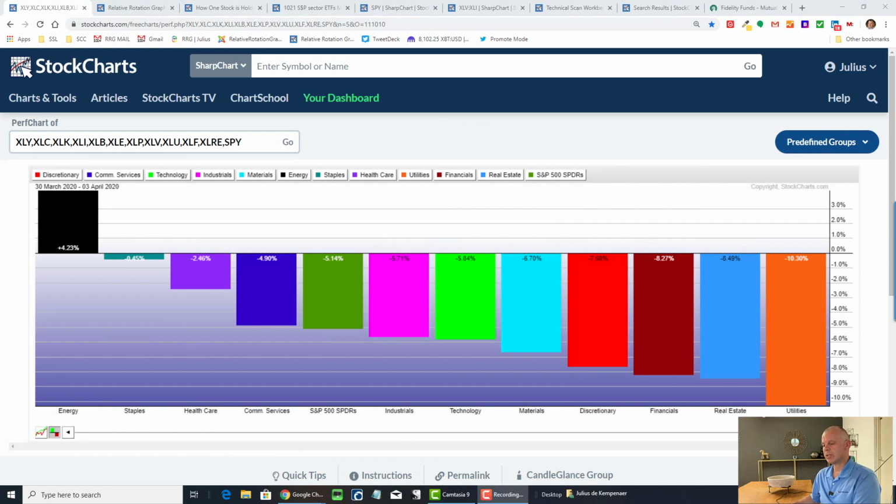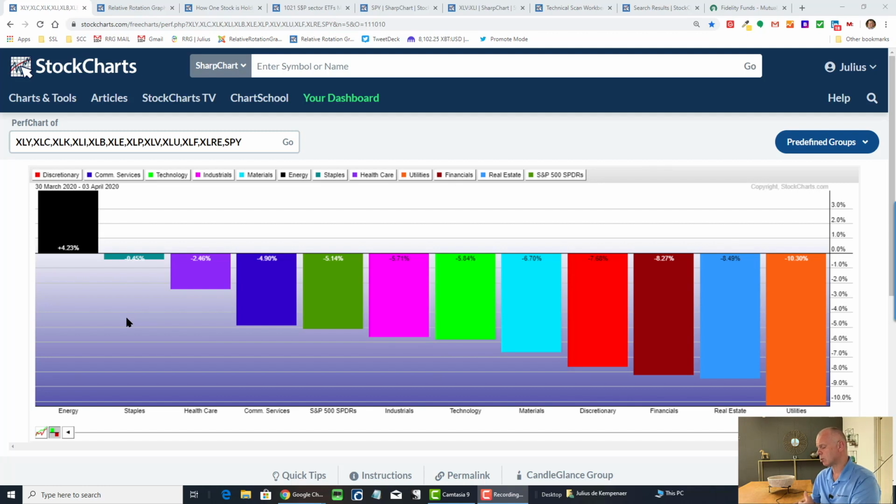And if we move to the sectors for the performance of last week, we'll have the perf chart here, which essentially shows us that all sectors were in the negative except for one, and that was energy, which maybe is a sector you wouldn't expect to be positive when the S&P 500 is down around 5%.